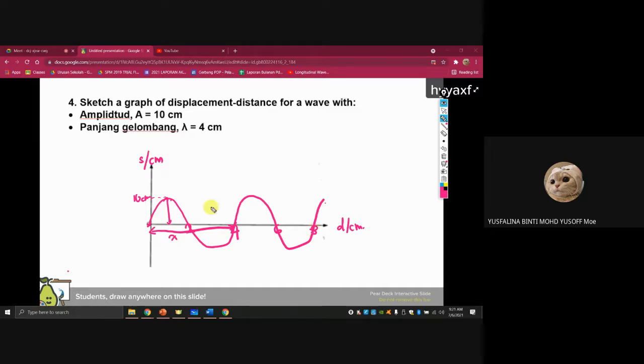Teacher, if I draw from here to here as 4 cm, so if here is 4 cm, what is the scale here?